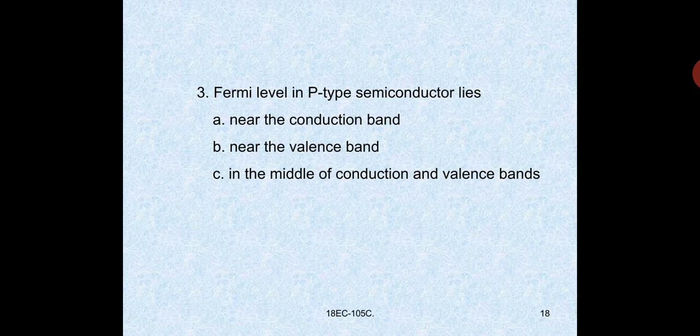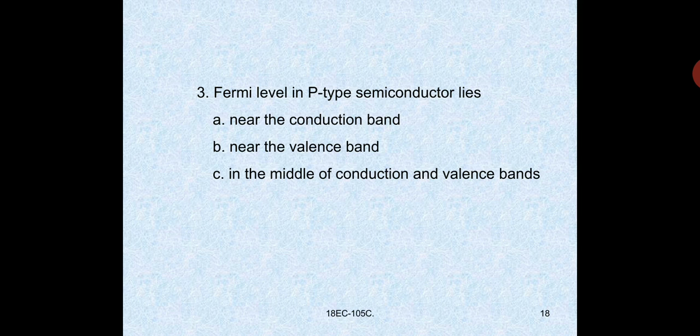And the next one. The Fermi level in a p-type semiconductor lies where? It has to be close to the valence or the conduction band. Choice A is near the conduction band, choice B is near the valence band, and choice C is in the middle of the conduction and the valence bands. What's the right answer?